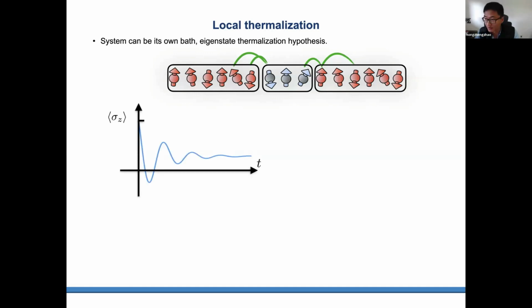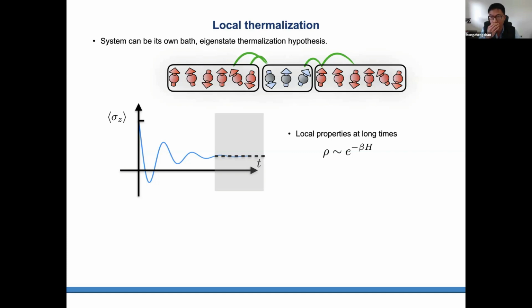This is the reason why we currently understand that we see this kind of relaxation process. At very long times, the equilibration of these local observables can be predicted by a canonical ensemble, which only depends on the temperature, or the energy of the initial state.